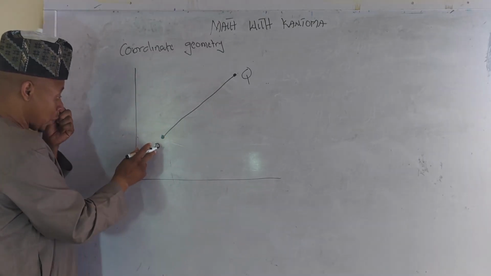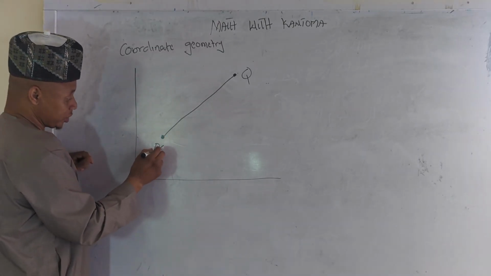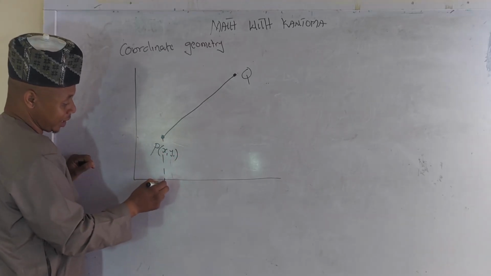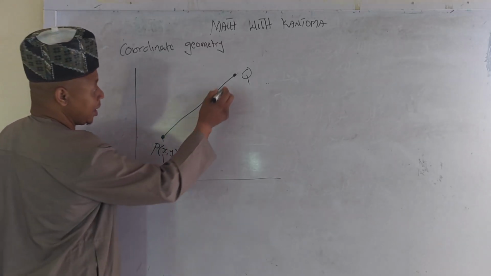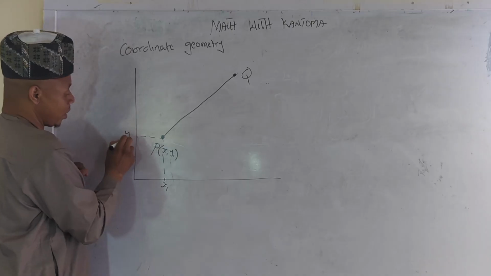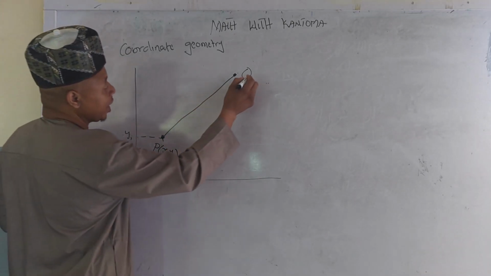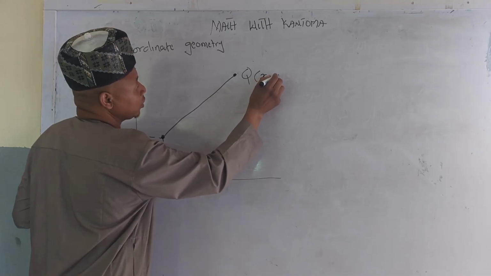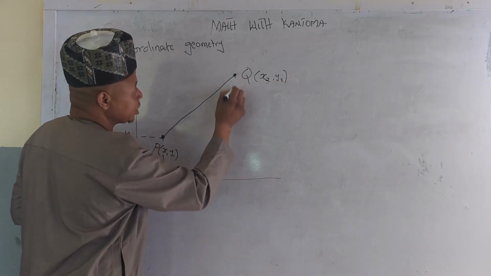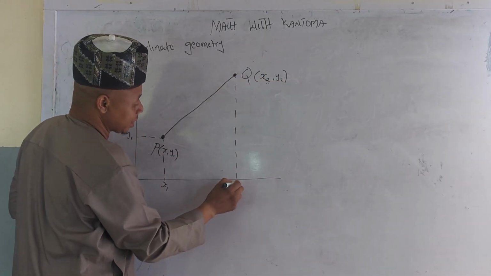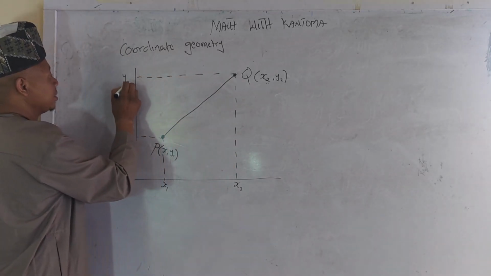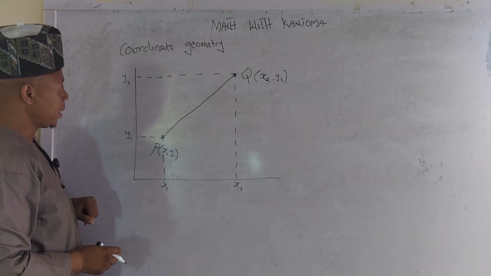Point P has a coordinate of x1 and y1, where this is our x1 on the x-axis, and this is our y1 on the y-axis. And the coordinate of point Q is denoted by x2 and y2, where this point on the x-axis is x2, and this point on the y-axis is y2.